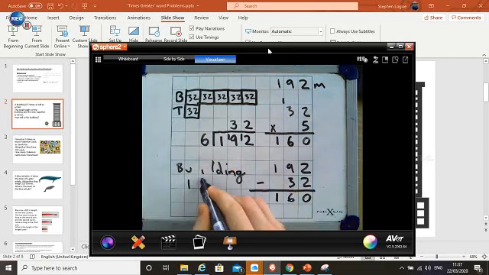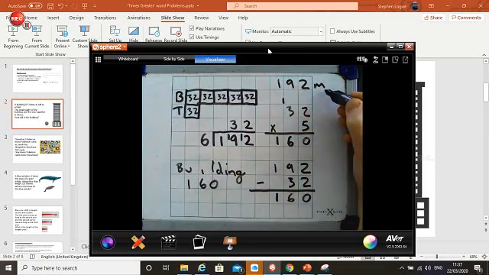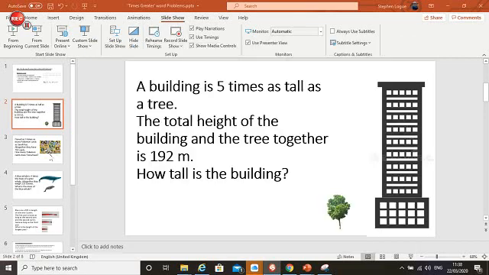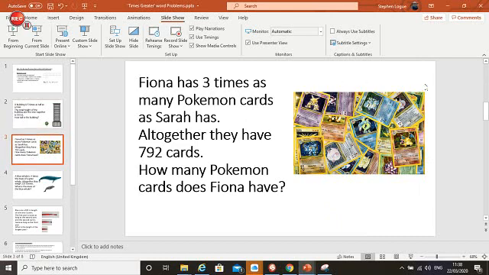Right, so let's think about our bar model first. Fiona has 3 times as many Pokemon cards as Sarah has. So that means for every 3 cards Fiona has, Sarah has 1. Sarah has 1 card for every 3 Fiona has. So Fiona has 3 cards for every 1 that Sarah has.